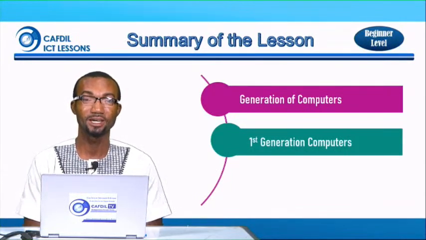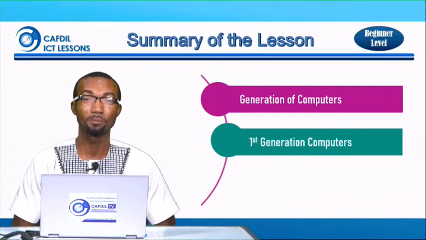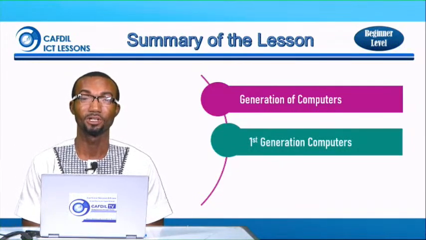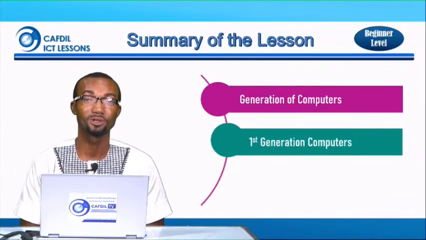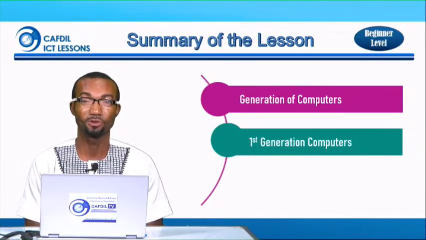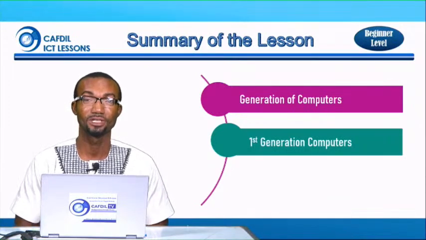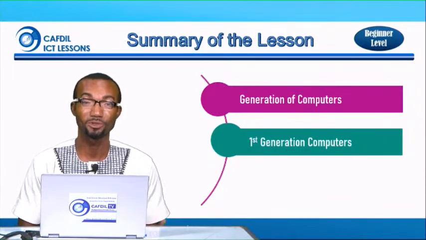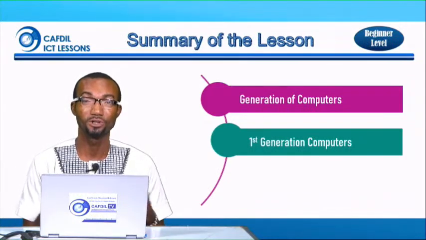And I normally hear the elderly saying they were born before computers. Some brand themselves BBC, born before computers. But the era we find ourselves in is the information age, where computers are used to do various tasks.